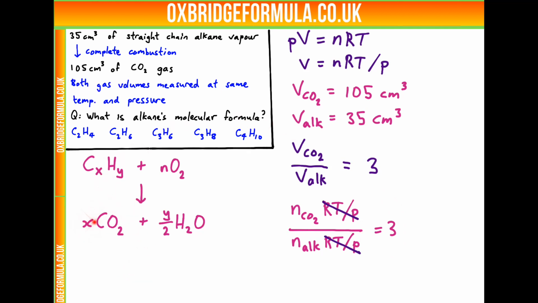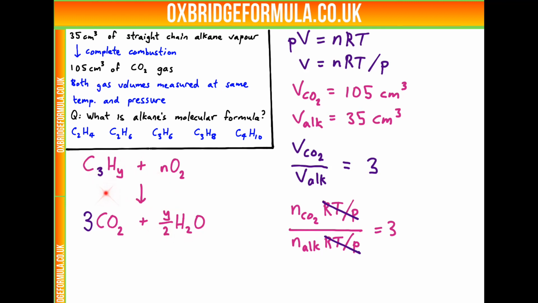We know x is going to be 3. Let's make that substitution. So we know there are 3 carbon atoms in this alkane, and that causes the 3 moles of carbon dioxide. And this explains why the volume of the carbon dioxide is 3 times bigger than the volume of the alkane. But this isn't a full answer.